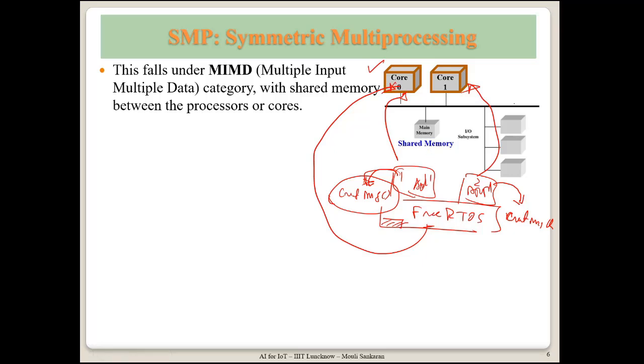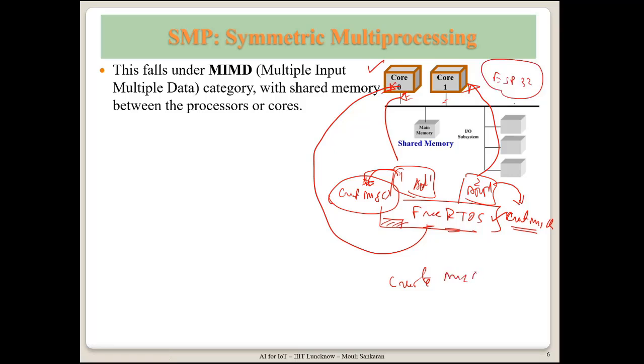Two processes are running in parallel on two different cores and they call the same create message queue function, which belongs to FreeRTOS, from two different cores. That means when the FreeRTOS code is ported onto this ESP32, they need to take care of a few things because it was originally designed for a single core processor.